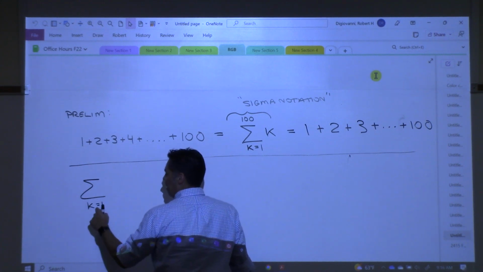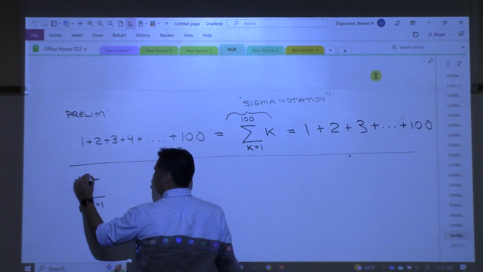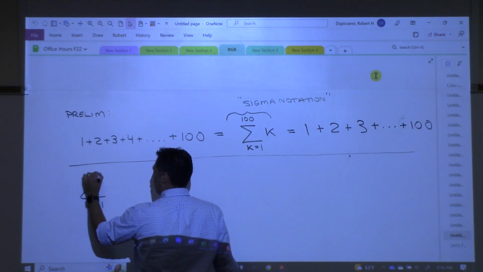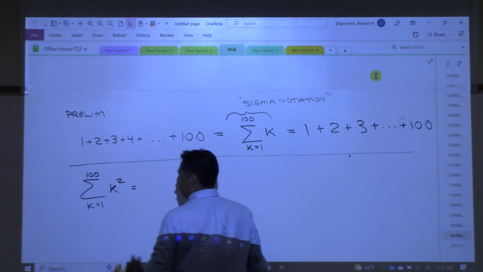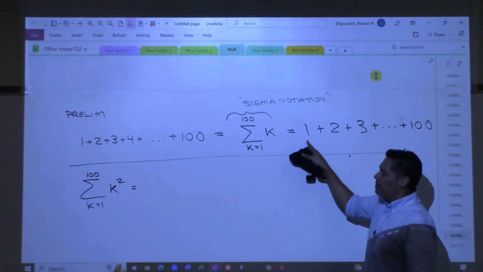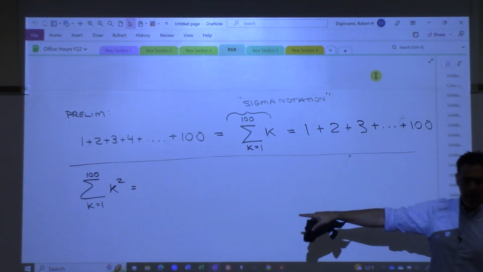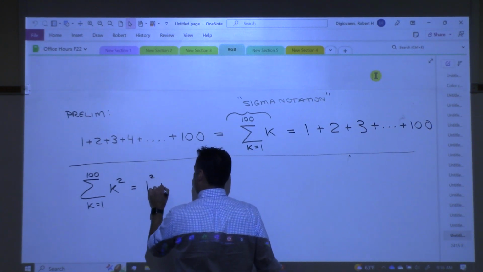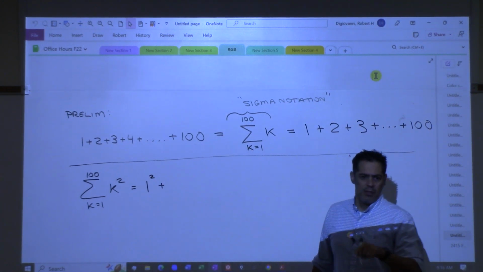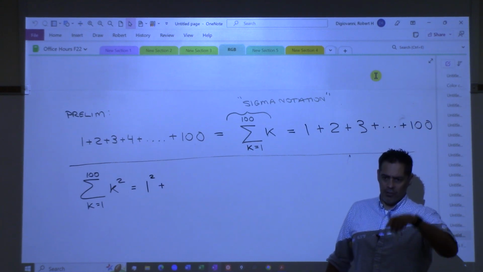Sum K equals 1 to, let's go to 100 again. And this time I want you to spit out K squared. So what's the first number I'm going to get out there? 1. Right, 1 squared is 1. I'll just put 1 squared. Plus, next one is 2, but 2 squared.